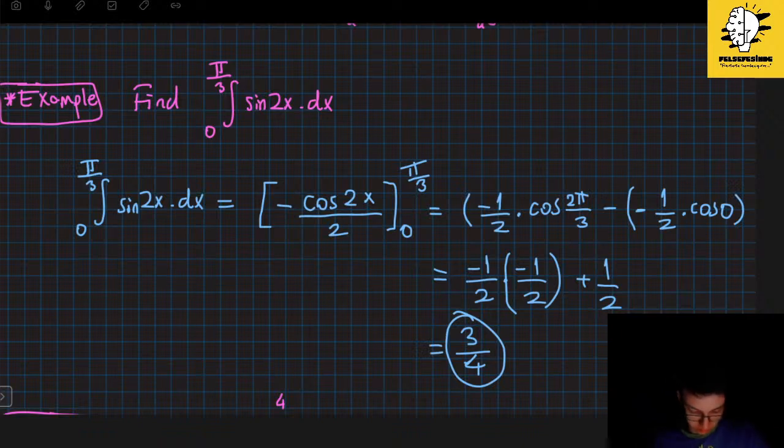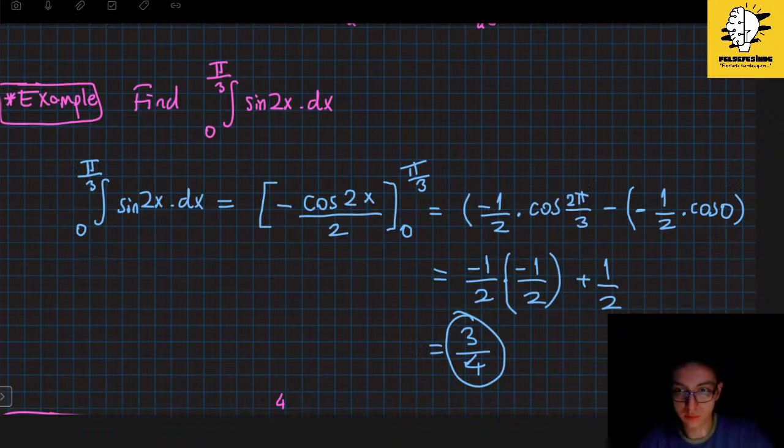It's actually asking us the area for the function sine 2x between the values pi over 3 and 0. So let's substitute our values. Firstly, pi over 3: you are going to find minus 1 over 2 times cosine 2 pi over 3.